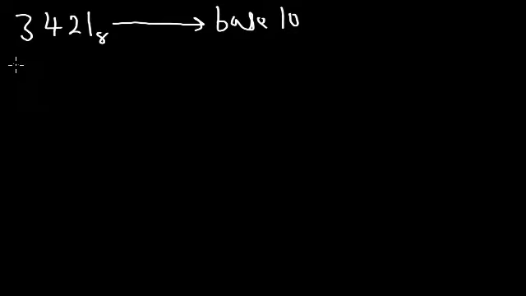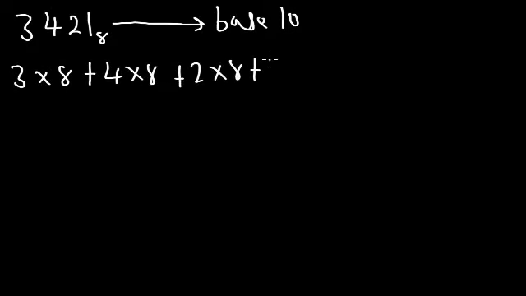So let's begin. So that should be 3 times 8 plus 4 times 8 plus 2 times 8 plus 1 times 8. So what about the index? 0, 1, 2, 3.